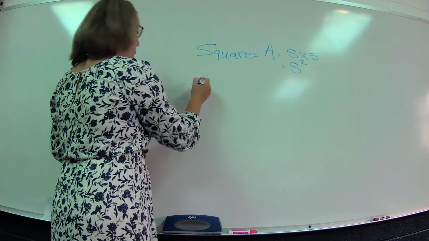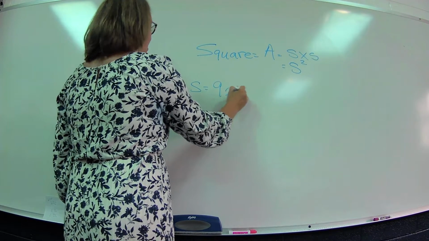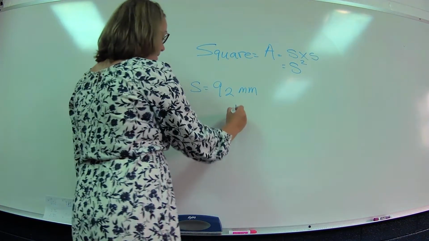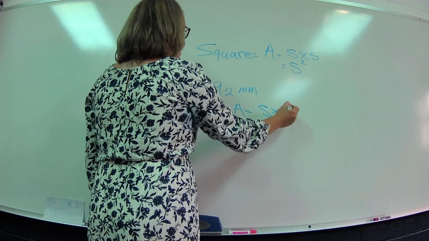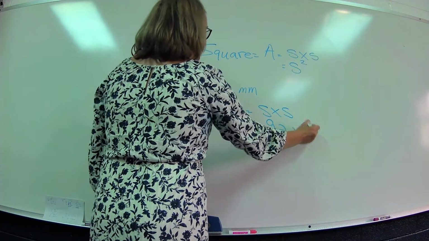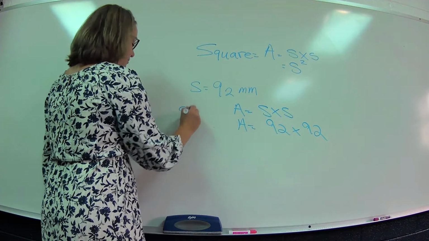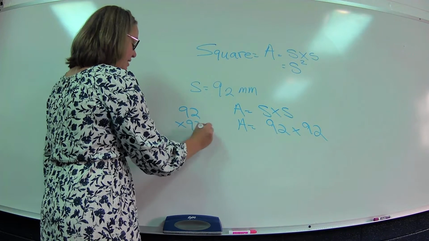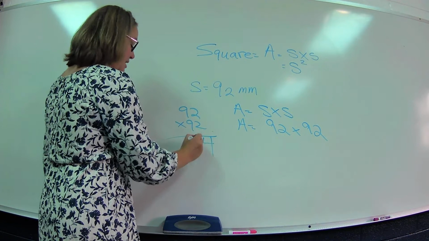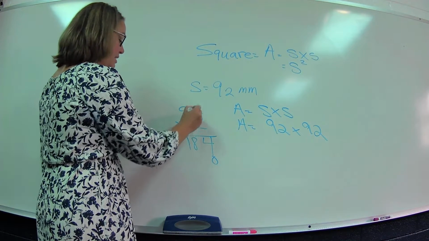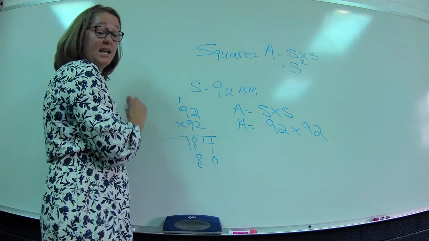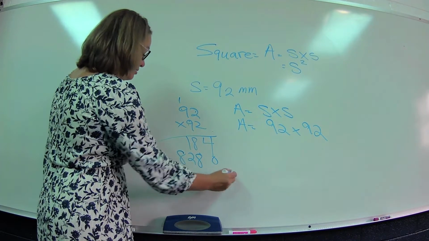All right, let's look at a different square. Let's use side equals 92 millimeters. Formula, A equals side times side. Area equals 92 times 92. So, go to the side, work out 92 times 92. 2 times 2, 2 times 9, space holder, 9 times 2 is 18. 9 times 9 is 81 plus 1, 82.